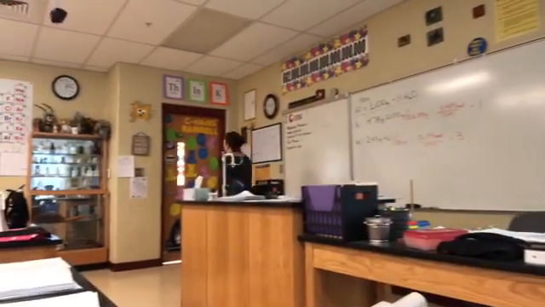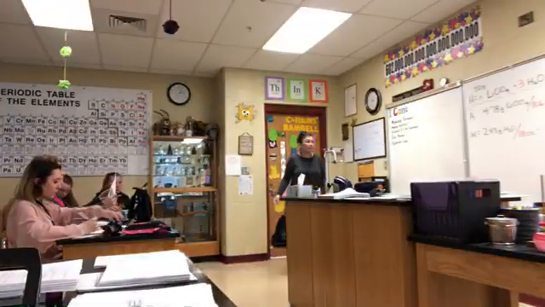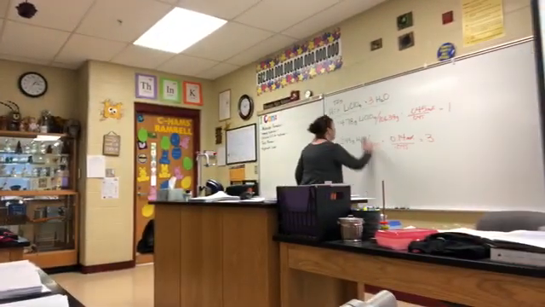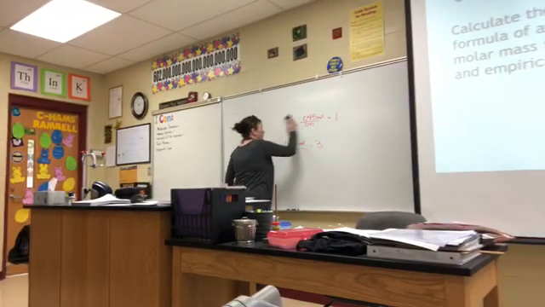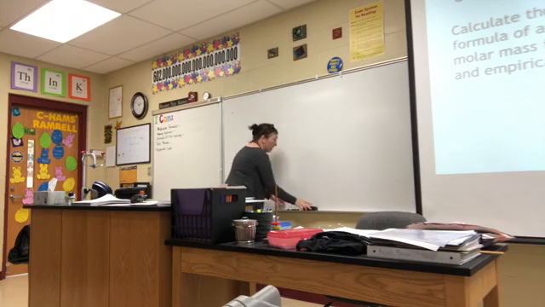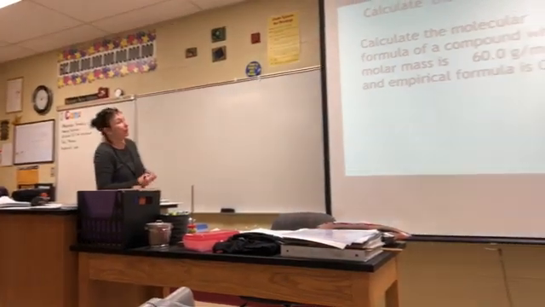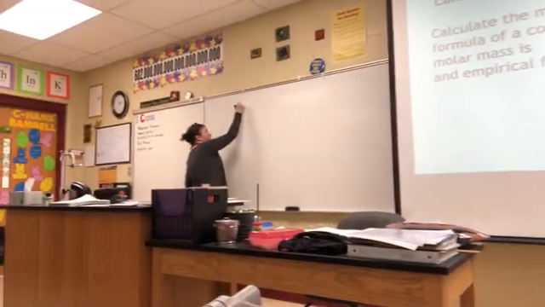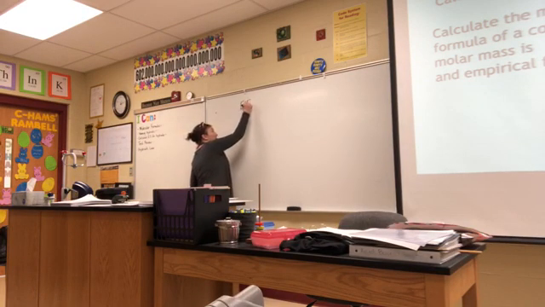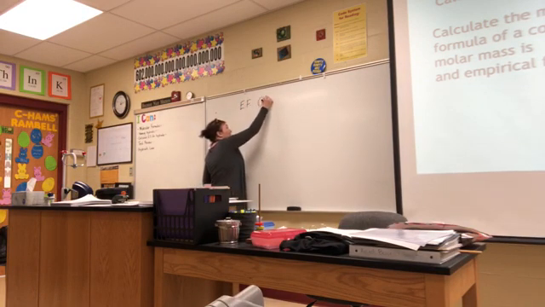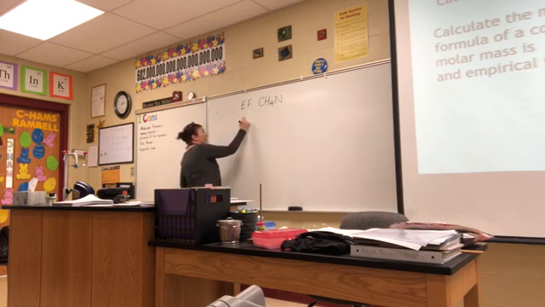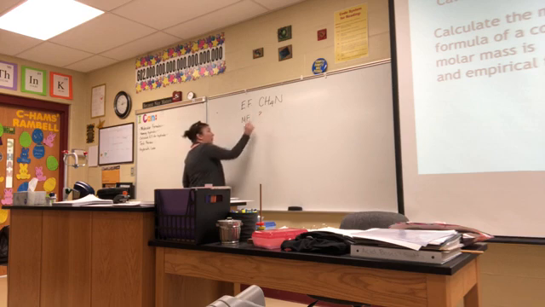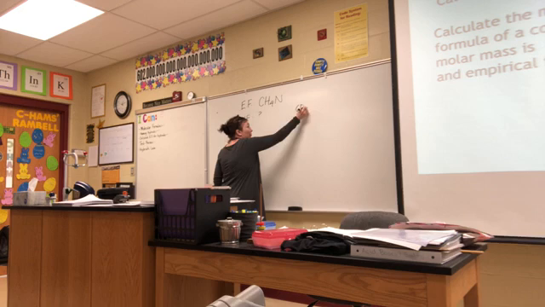So if the molar mass of that molecular formula is 60 grams per mole, and it says the empirical formula is CH4N. So my empirical formula is CH4N. I want to know the molecular formula. The only thing I know about the molecular formula is it has a mass of 60 grams per mole.